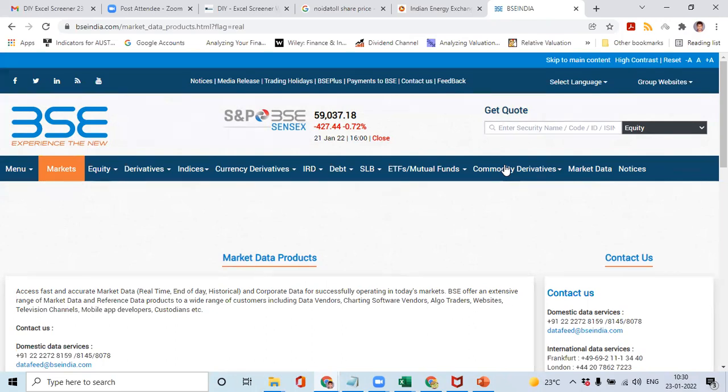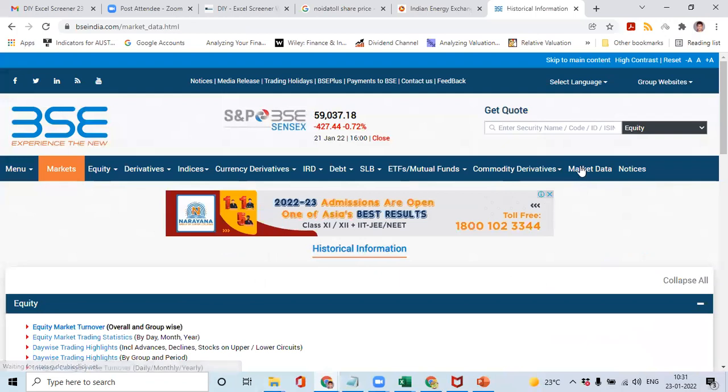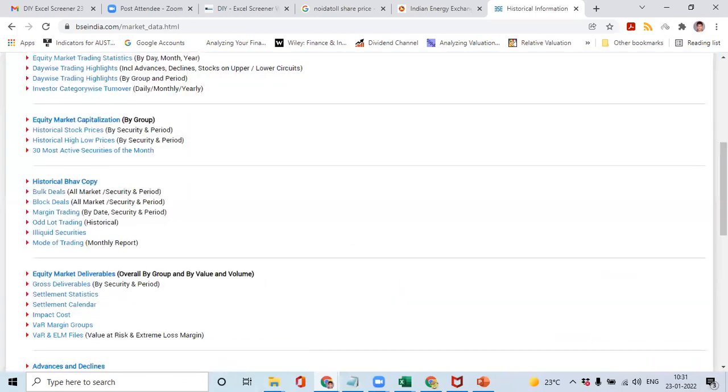So TCS or Infosys or stocks like that, your conviction is so high. I'm not saying you won't go wrong, but there's a very small chance that you will go wrong if you invest in TCS. It will give you some money. So that's the reason TCS is my favorite stock.